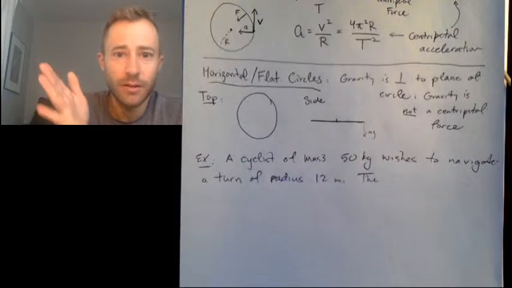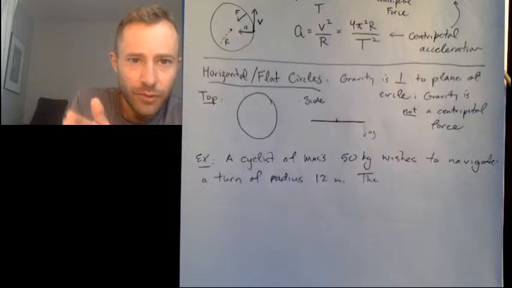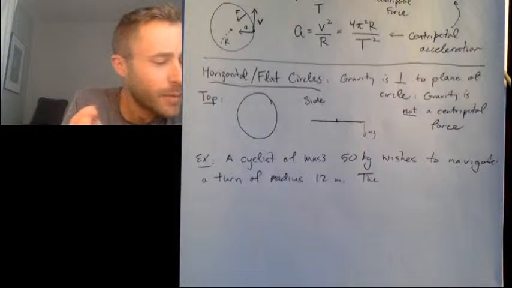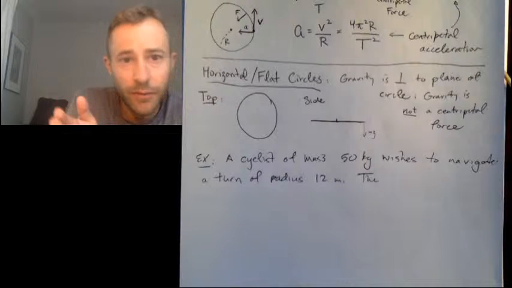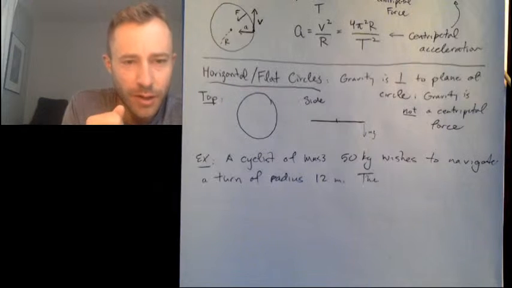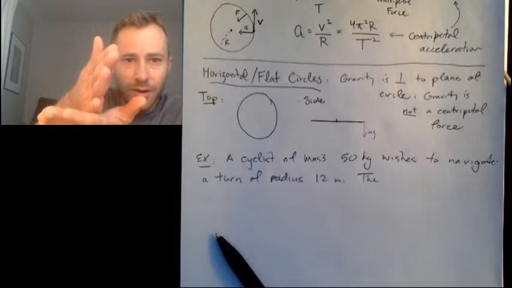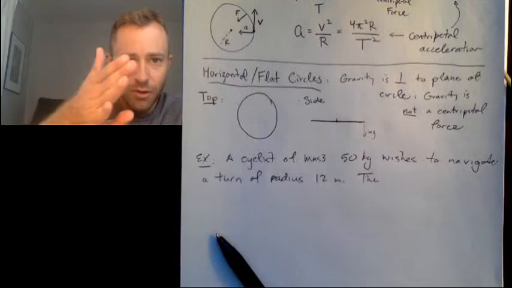Okay, you have static friction, if the vehicle is operating properly, because kinetic friction would mean that the tire is sliding across the surface.